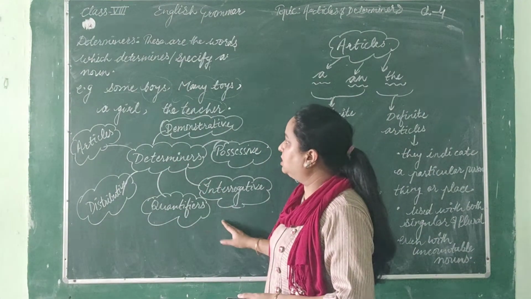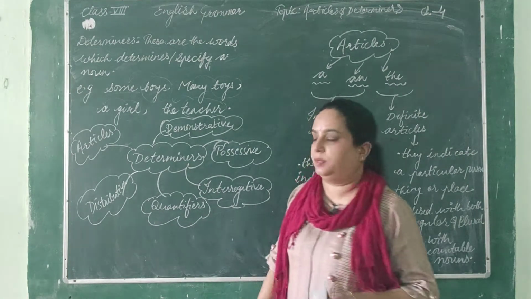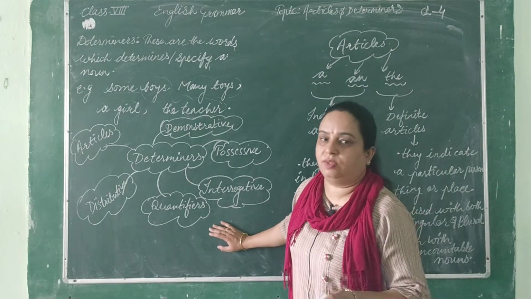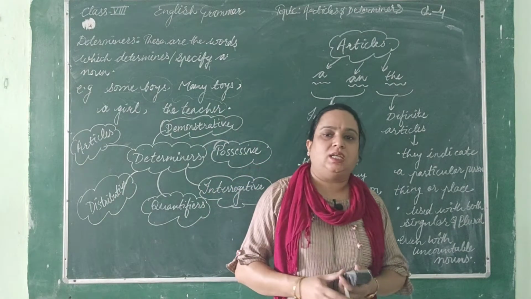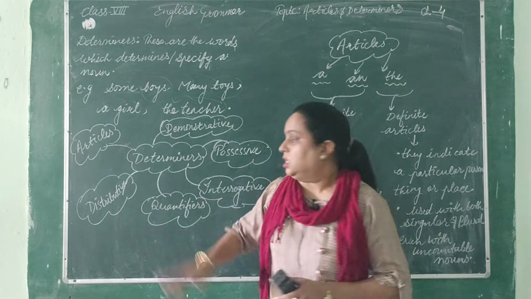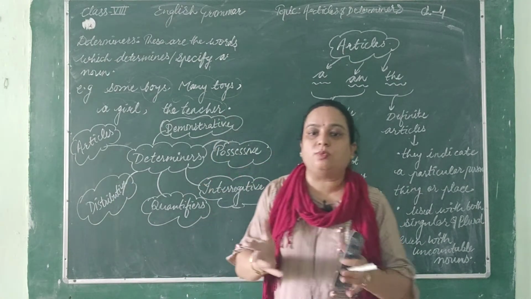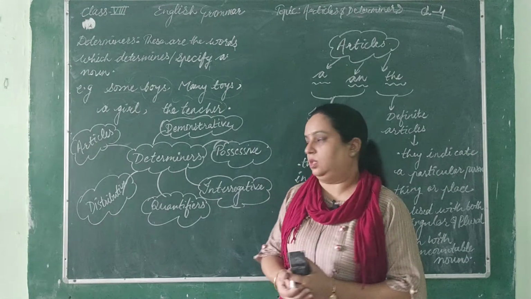That means some, many, one, two, first, second, third. We will learn that in detail when we discuss it. And the last one is distributive. So dear kids, these words each, every, either, neither are distributive determiners, which distribute something among one, many, or like that.